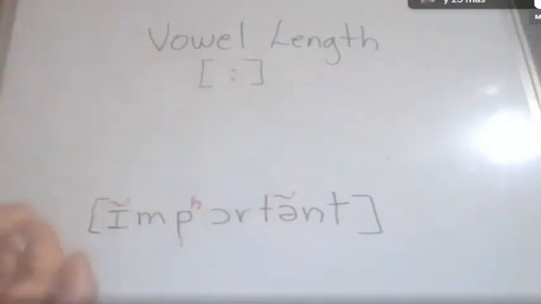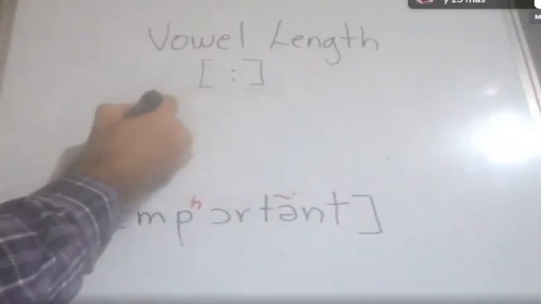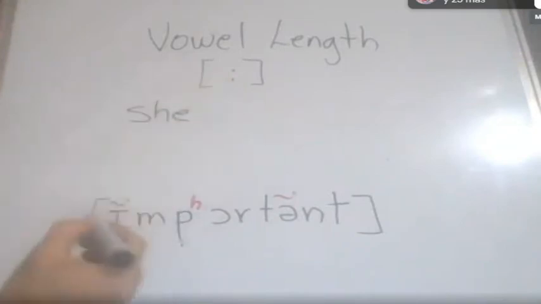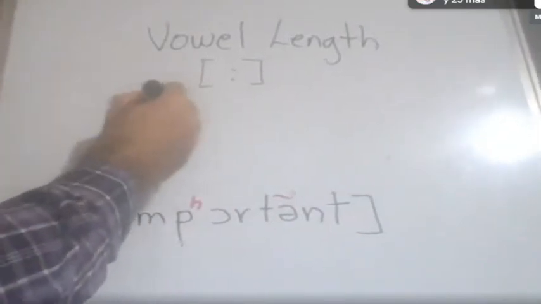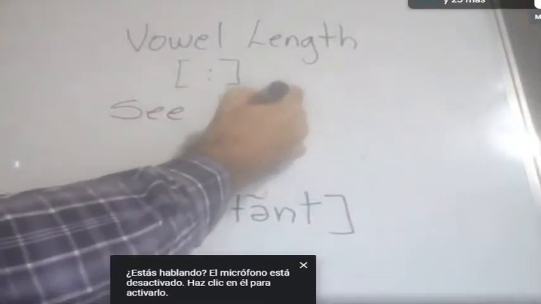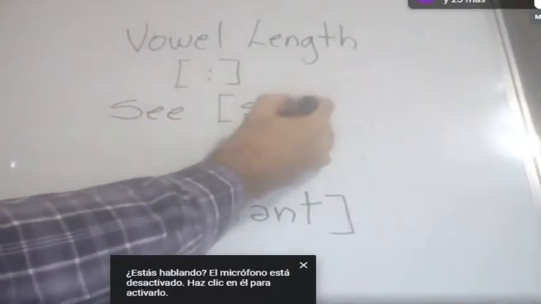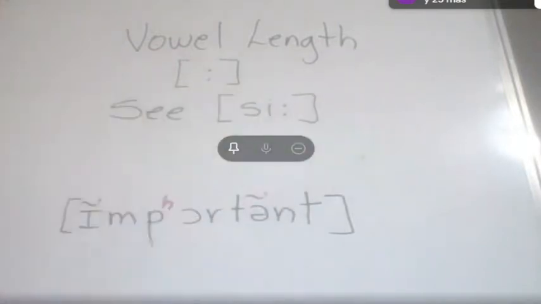The vowel sound gets shorter in middle position. So word finally, I can say, for example, she, okay? Or let's say see, right? See instead of sit, which is shorter, right?